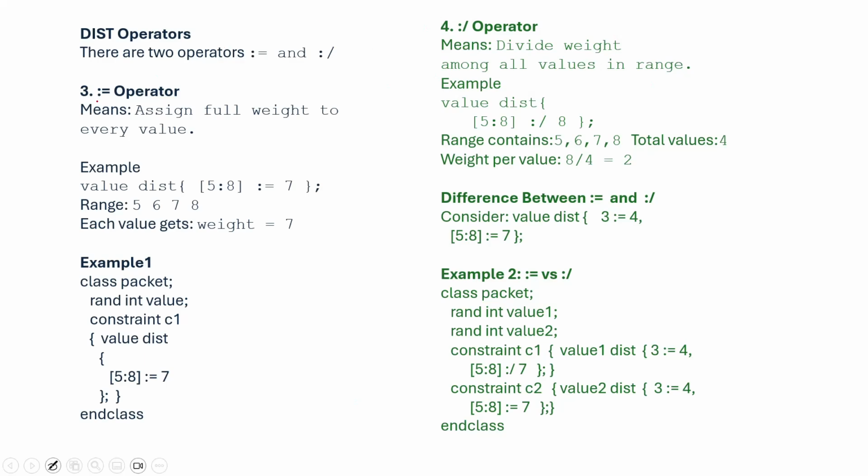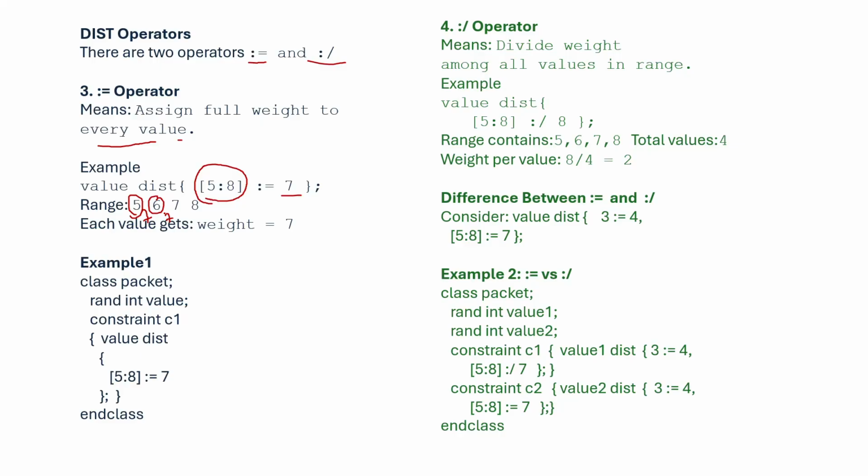So there are two operators I told you, colon equal to and colon divided by. Colon equal to assigns full weight to each and every value. Here, 5 to 8 values I want to repeat. How many times? 7 times. Then 5 will be repeated 7 times, 6 will be repeated 7 times, 7 will be repeated 7 times. Each and every value will be repeated those many times, whatever weight you have assigned.